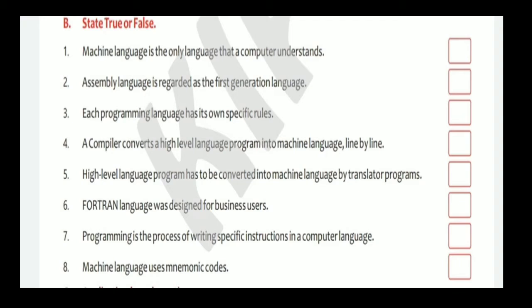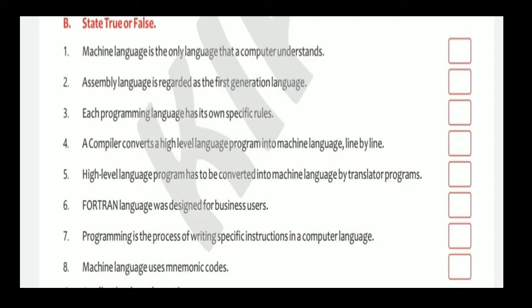Machine language is the only language that computer understands, in the form of 0 and 1. Second is: assembly language is regarded as a first generation language. No students, that is false, because machine language is regarded as the first generation language and the assembly language is the second generation language. Okay, so that is false.